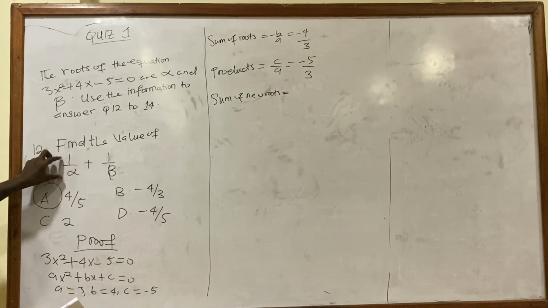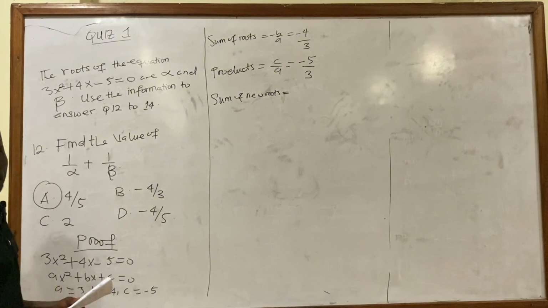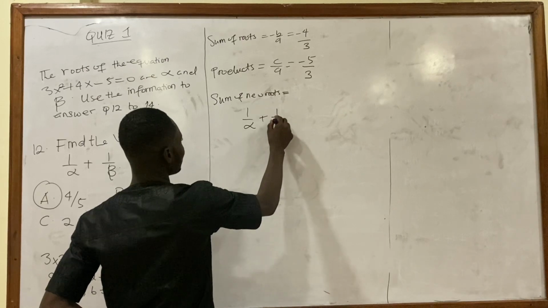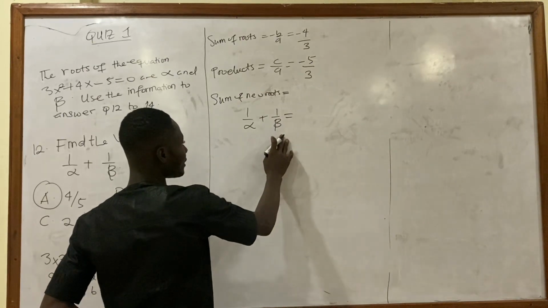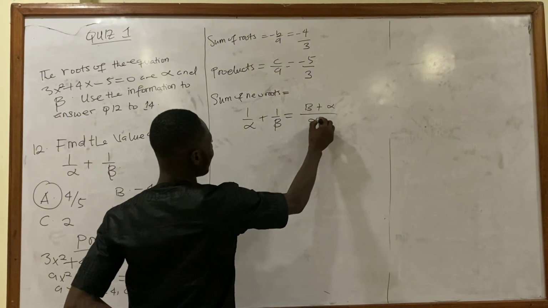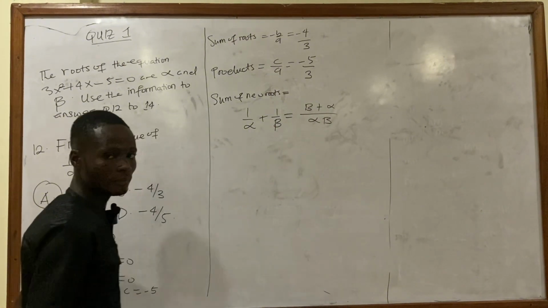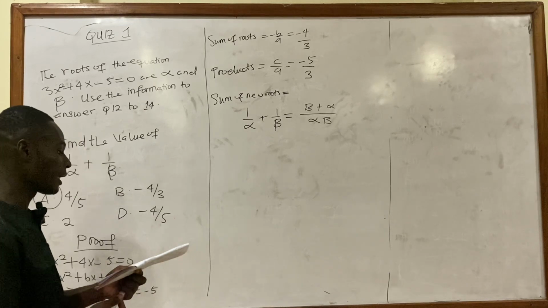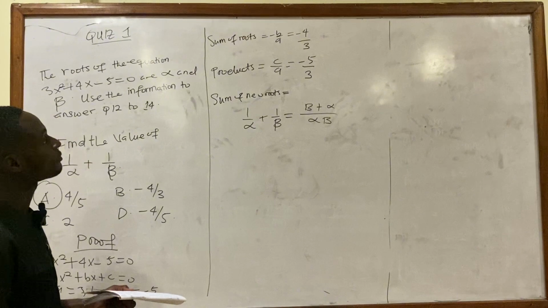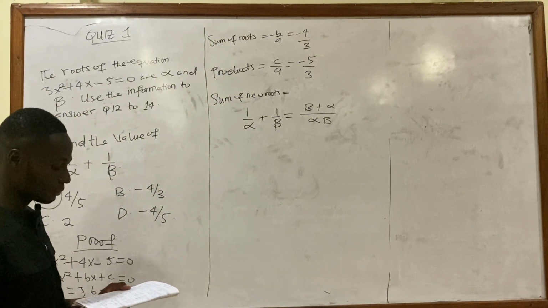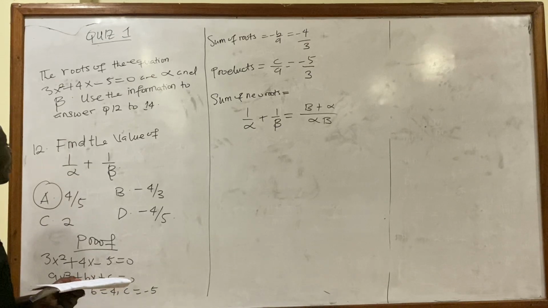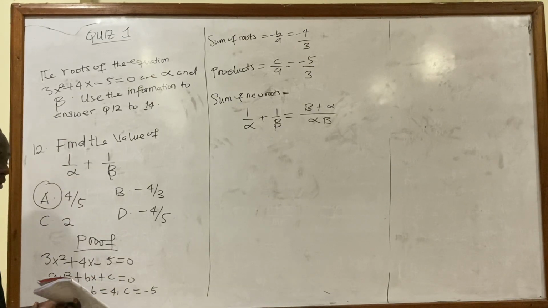They said we should find the value of 1 over alpha plus 1 over beta. Finding the sum of this, we get beta plus alpha over alpha beta. So we can now put in the value of beta plus alpha and alpha beta into the expression, and then we get our value for 1 over alpha plus 1 over beta.